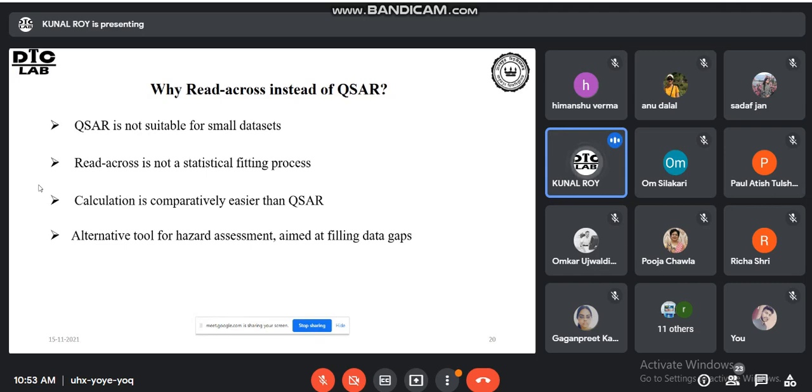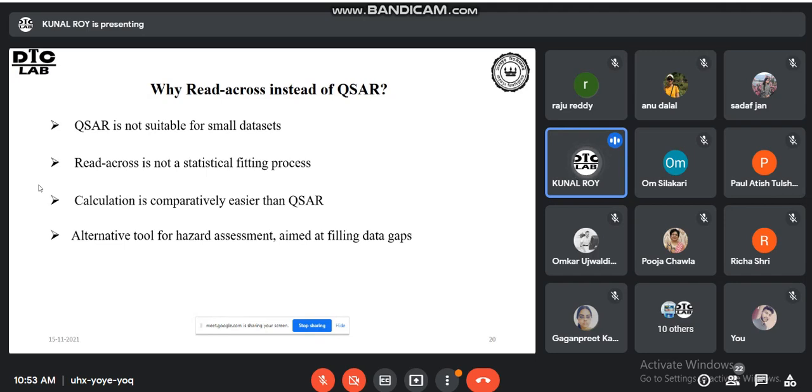So the objectives of this particular work that I'm discussing here are a method for quantitative read across predictions, quantitative prediction of toxicity of metal oxide nanoparticles.